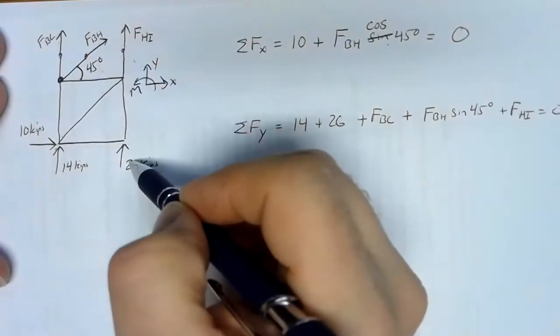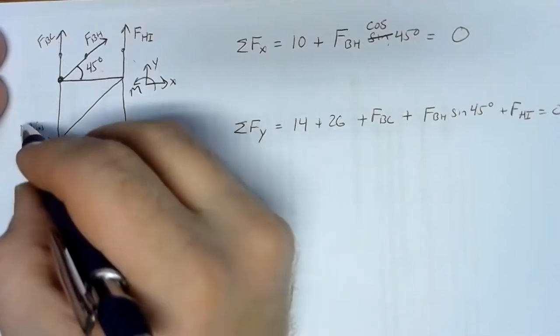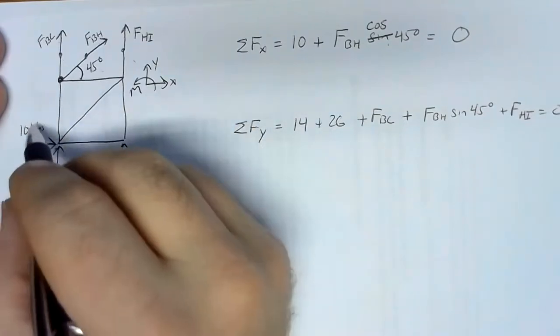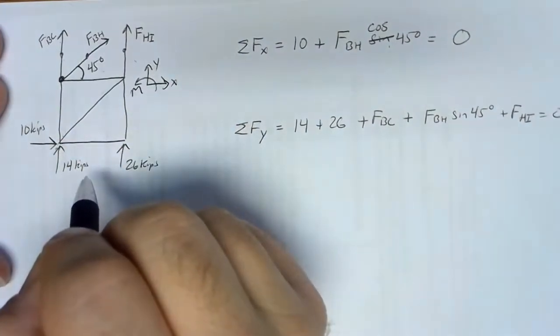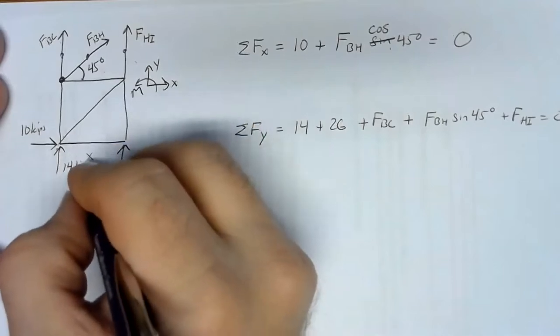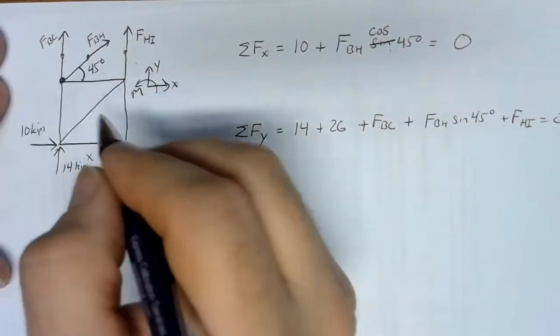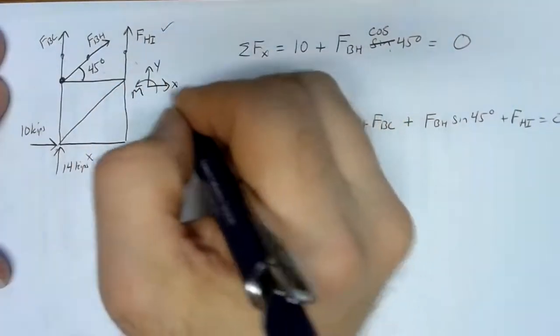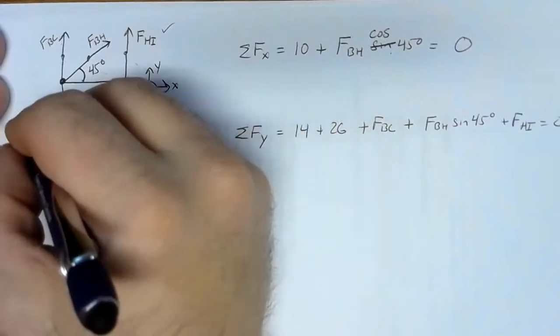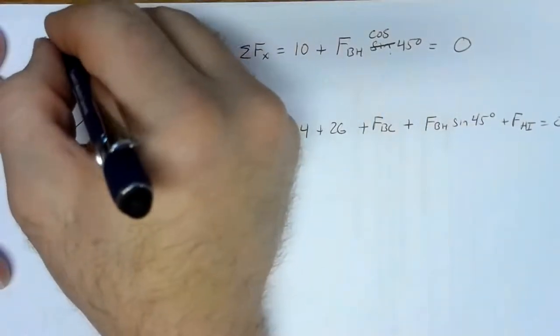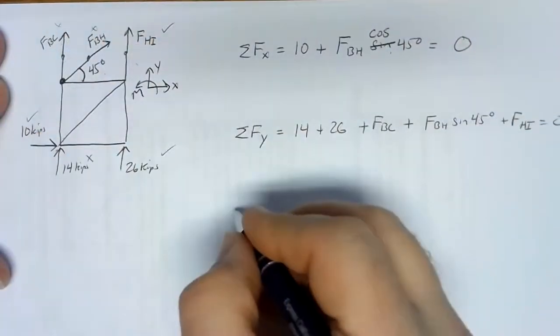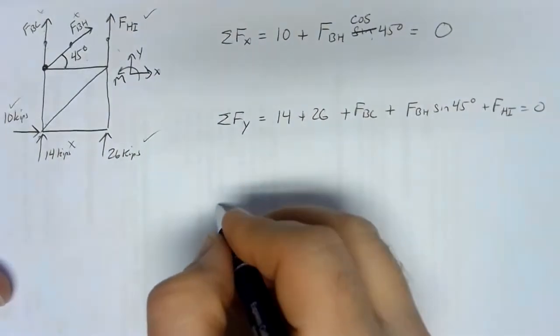We will pick up this 26 kips and the 10 kips. Don't forget that one. That's a common mistake, a common place to leave out. We won't have the 14 kips because that shoots right through the pivot point, but we will have FHI, we will have the 26, and we will have the 10. Nothing from those two if we pick B. So B looks like the best choice there.